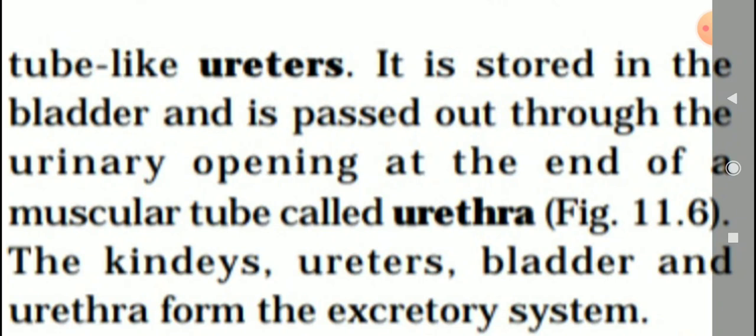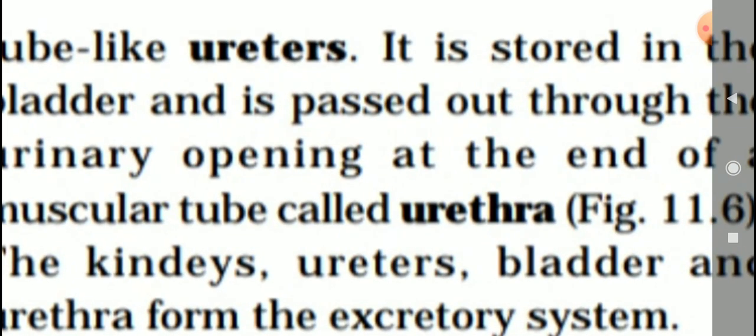What is meant by ureter? A tube-like structure. What is a bladder? The urine goes into the urinary bladder through the tube-like ureters. What is urethra? The urinary opening at the end of the muscular tube is called urethra.